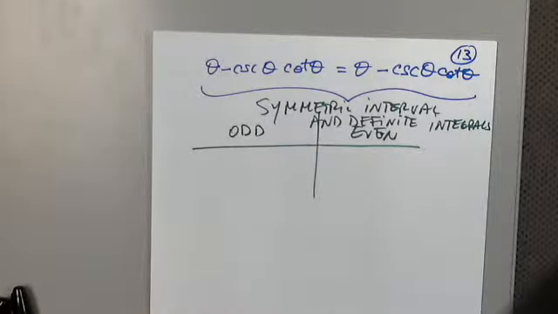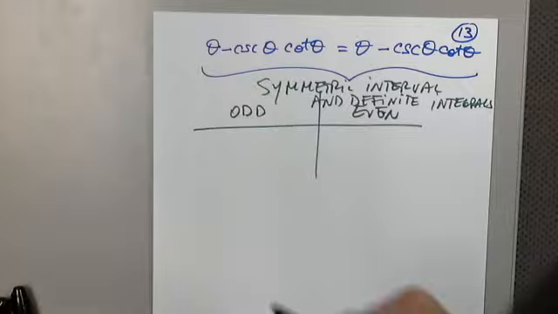So whenever I'm asked to evaluate a definite integral on a symmetric interval, and the function is odd or even. If the interval is not symmetric and the function is not odd or even, I cannot use this result. So let's take a look at an odd function.